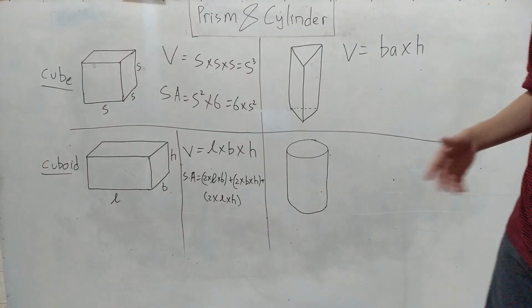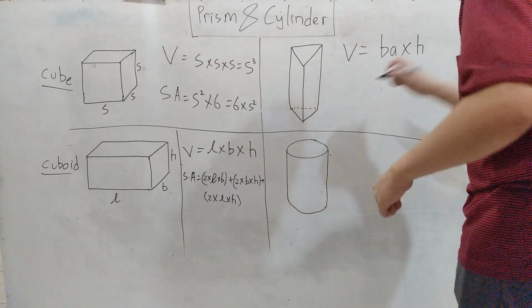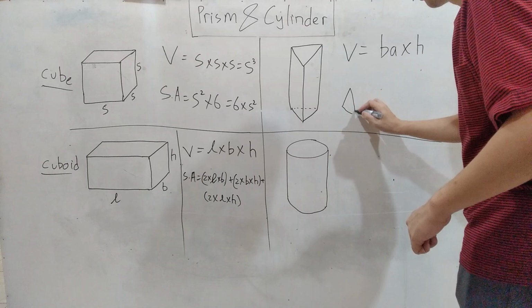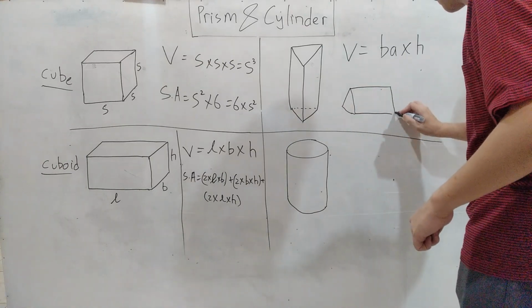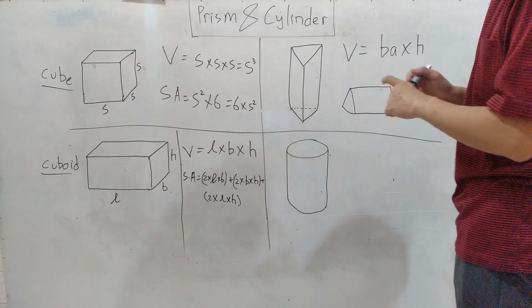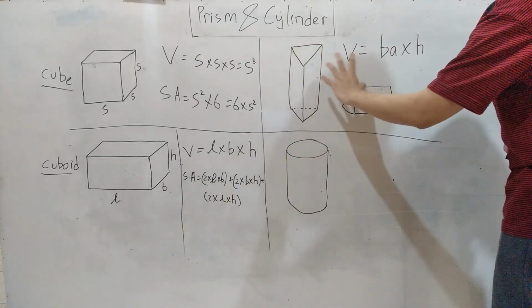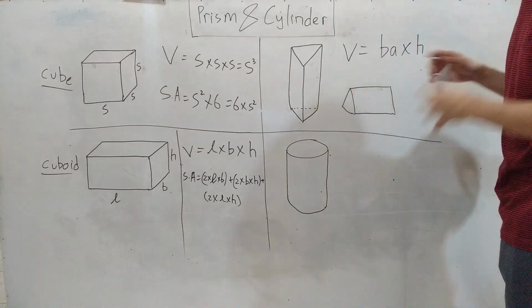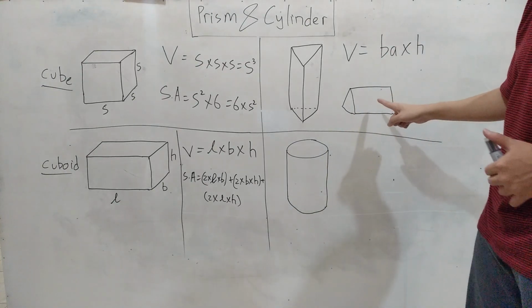However, let's say that you switch this into this form of triangle, for example. Now you see that I just put the prism in a landscape. Okay, so in this case, which one is the base of the prism?